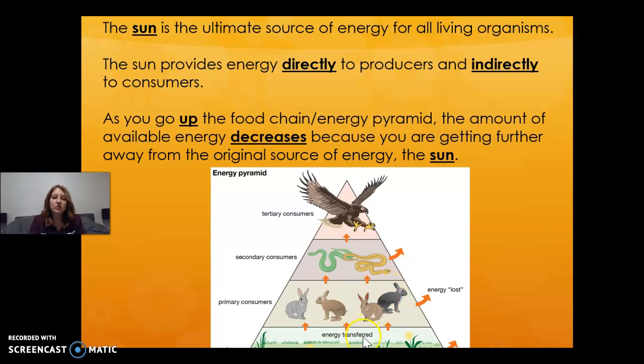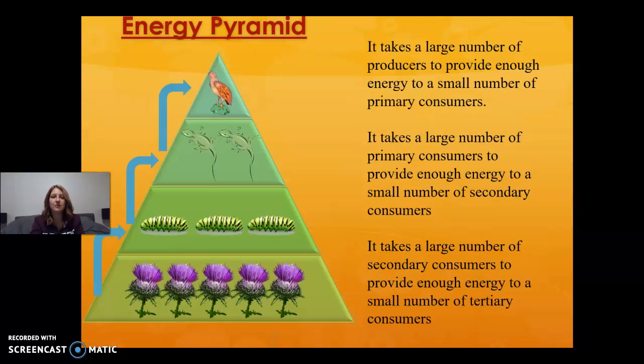So as you start at the bottom and go up your energy pyramid or even a food chain, the amount of energy is going to decrease because you're getting further away from the original source of energy, which was the sun. Here's another energy pyramid for you. It's again showing you how the sun gives the energy directly to the producers, and then the energy works its way up.